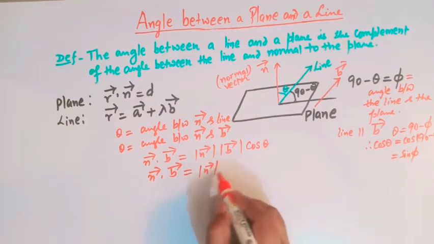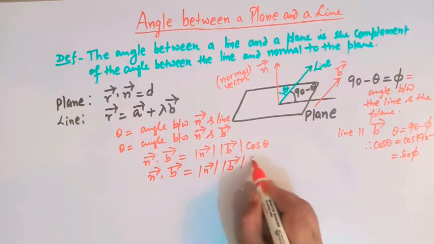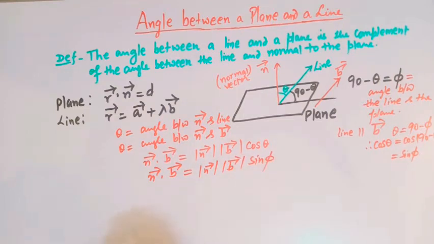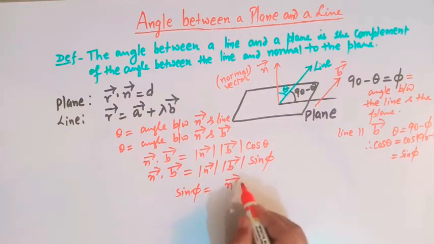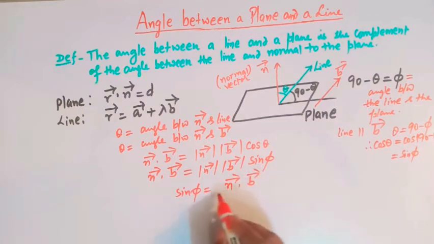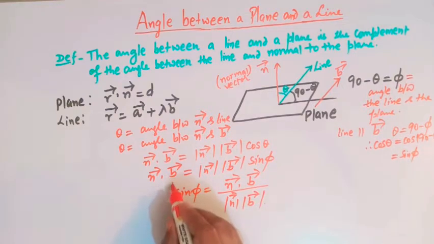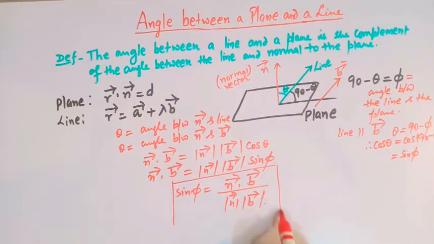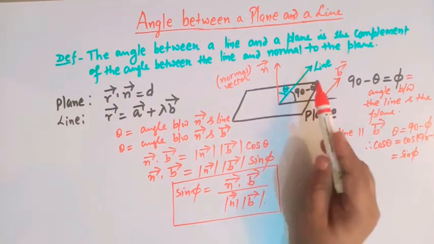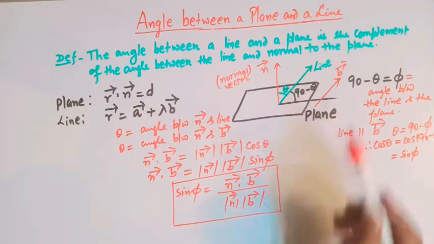So sine phi can be written as vector n dot vector b divided by the product of the magnitude of vector n and vector b. This is the required expression which is used for finding the angle between a line and a plane.